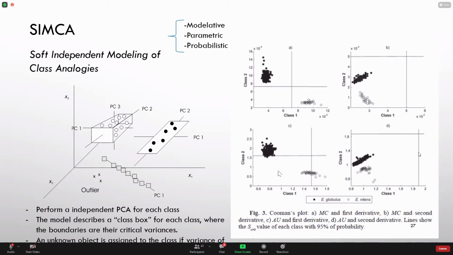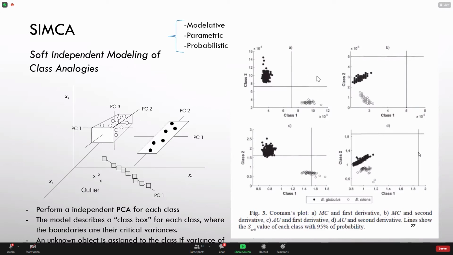And then we must calculate the variance of each sample, because each sample can have a variance. And if this variance is under this critical value, the sample belongs to this class. Okay, for example, here, if my sample is here, under the critical value, it belongs to class 1. If the sample is here, it doesn't, okay?